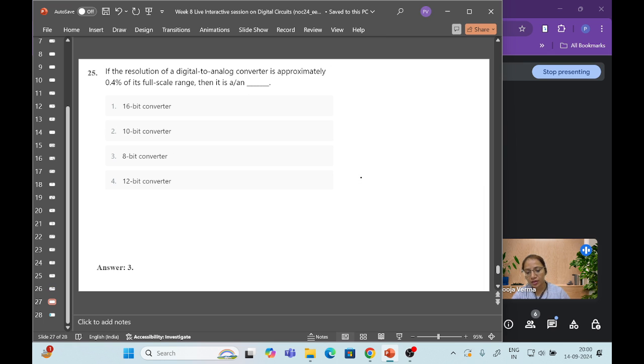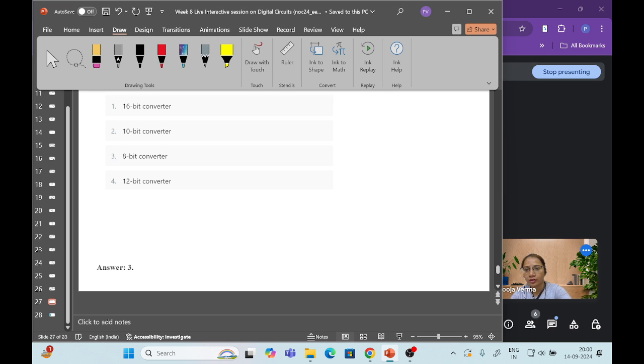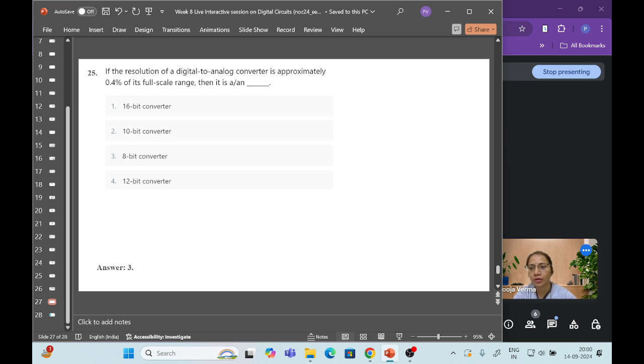Now the next one: if the resolution of a digital to analog converter is approximately 0.4%, given as a percentage of its full scale range, then we need to find the number of bits n. We already know the formula of resolution: R is equal to 1 upon 2 to the power n minus 1.